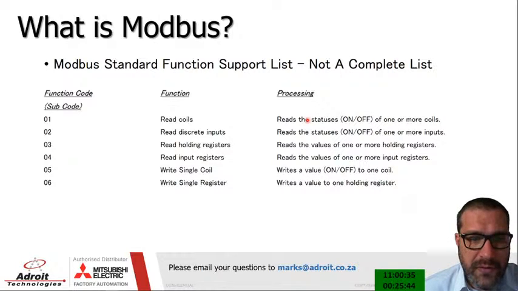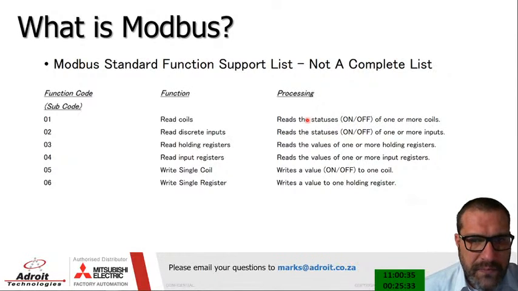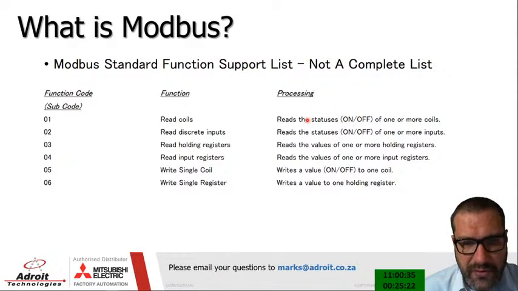These addresses start with a 1: 1001, 1002, and so forth. Then function code 3 is the better known type of address with Modbus, where you read your holding registers. Your holding registers always start with a 4, so you'll have 40,001, 40,002, and so forth.